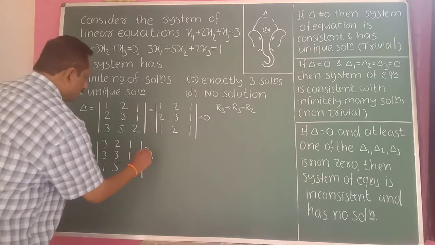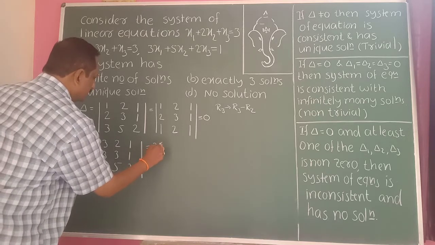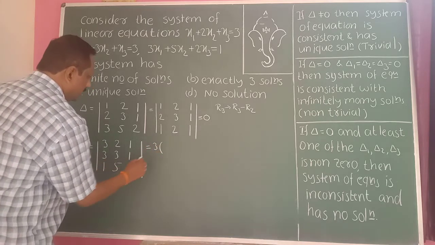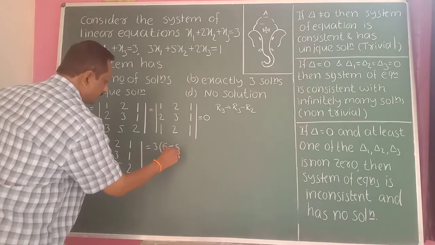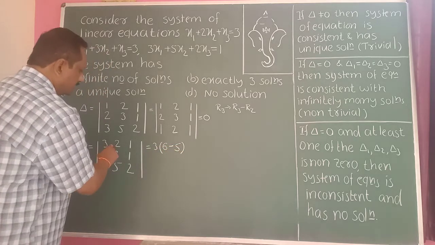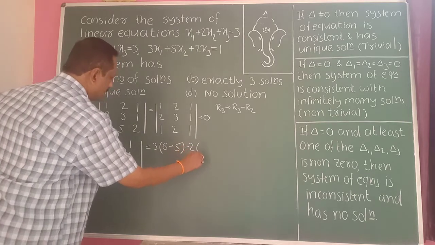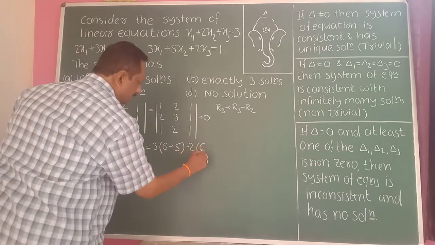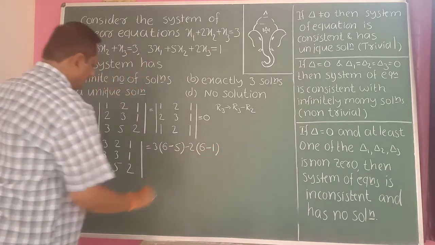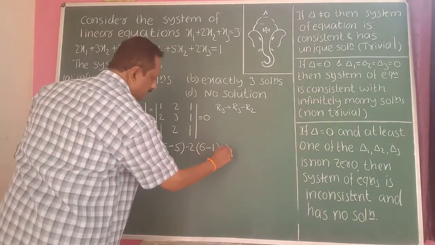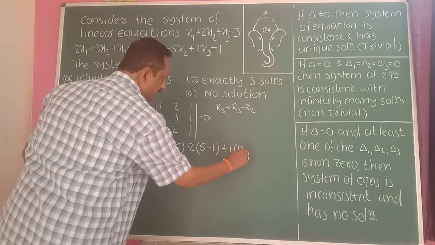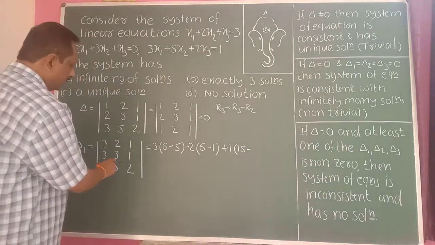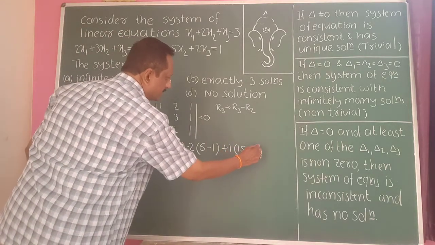Therefore this is equal to 3 into (3 2s are 6 minus 5 1s are 5), minus 2 into (3 2s are 6 minus 1), plus 1 into (3 5s are 15 minus 1 into 3 becomes 3).